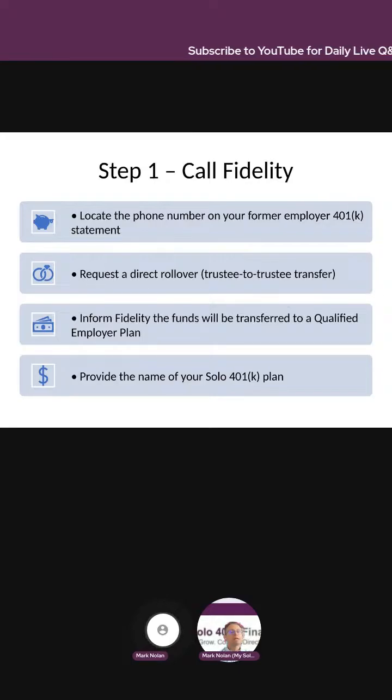Examples include pre-tax former employer 401k funds, Roth former employer 401k funds, and in some limited cases, and actually we're starting to see this more now, former employer voluntary after-tax funds. So each fund type must be issued a separate check and deposited into the corresponding solo 401k subaccount.